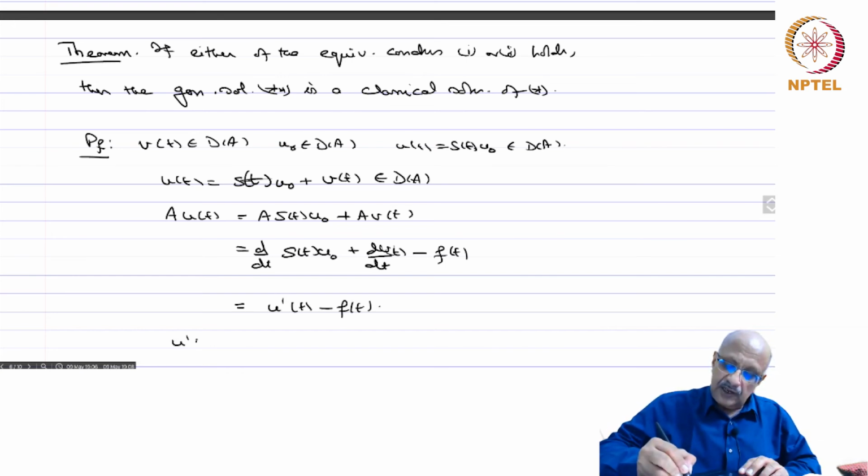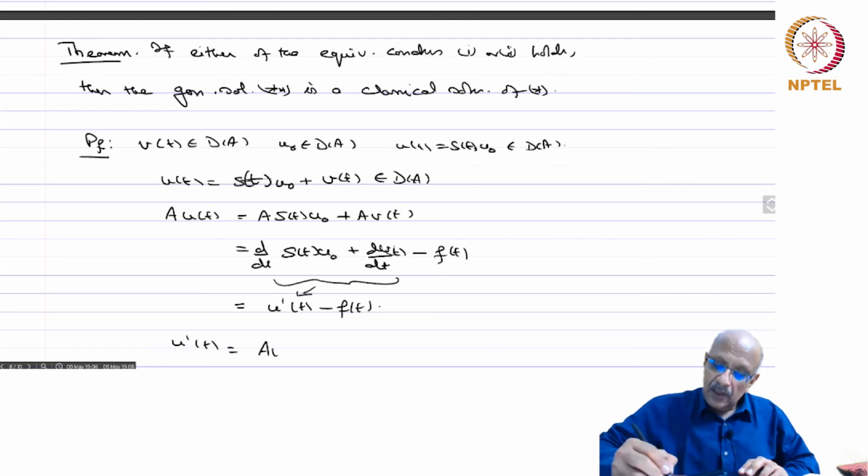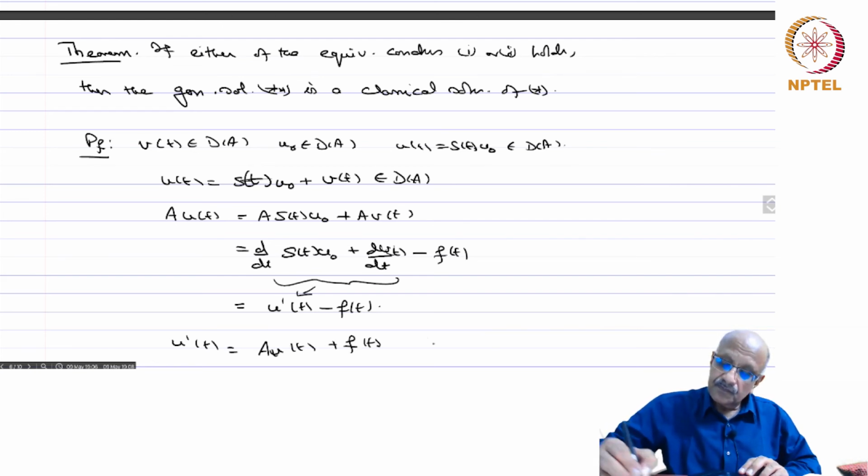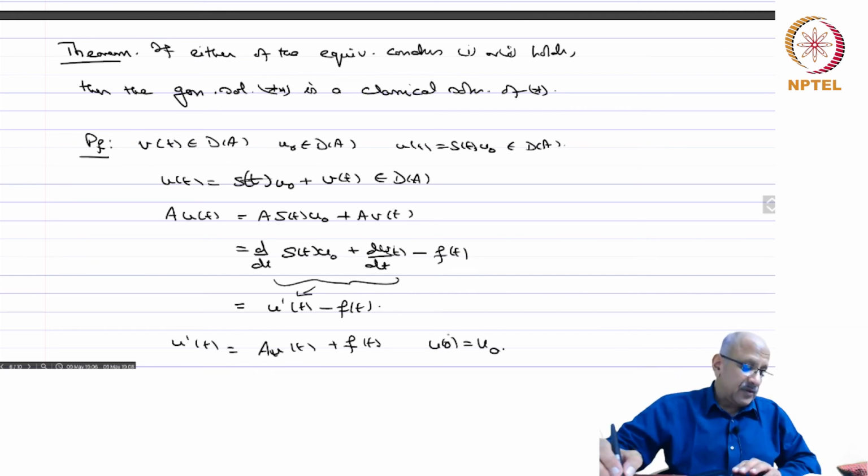So, u'(t) is equal to A(u(t)) plus f(t), u(0) equals u0, and this completes the proof, okay.